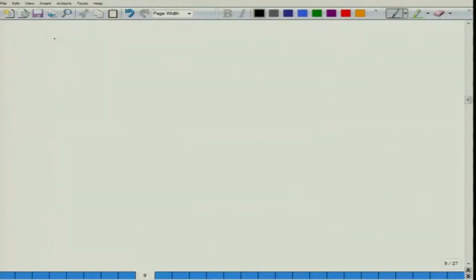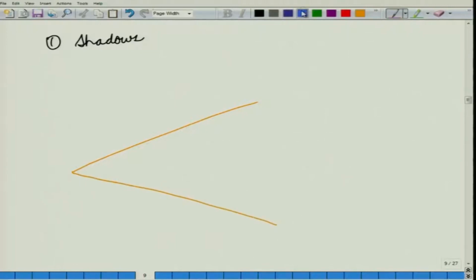So, the first way of using this method would be using shadows. Now, as we know, if we have a source of light and if we keep some object in front of it, then the rays of light get blocked by this object, and on the screen we would be having a shadow.